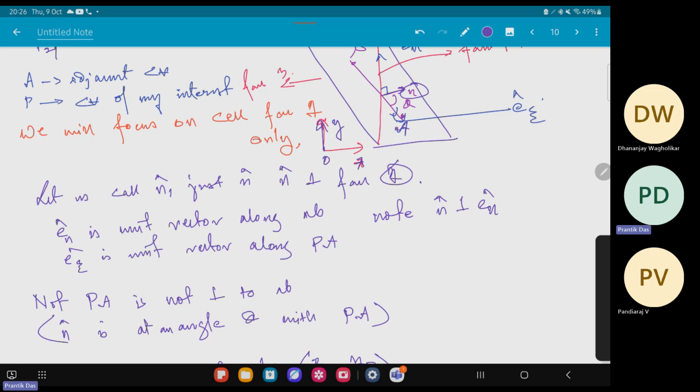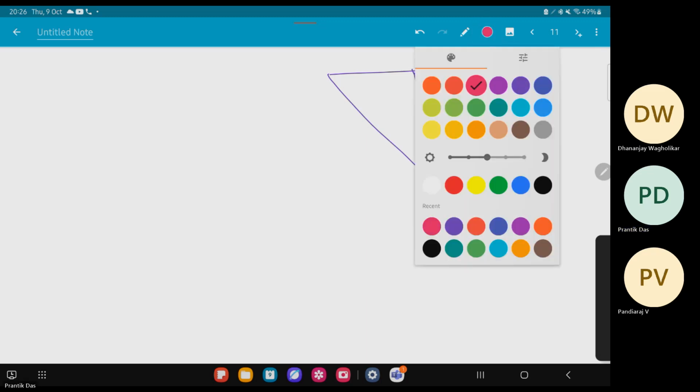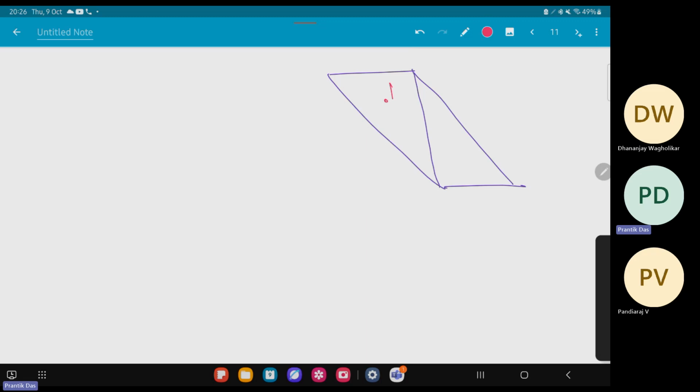Okay, and therefore if I draw it further, it will be difficult to make you understand. So this one is basically your A. This is P. This is Q. This is A. This is N. This is eta and this is zeta.